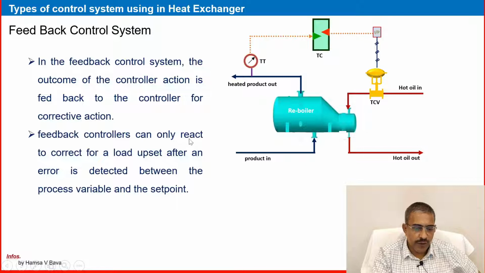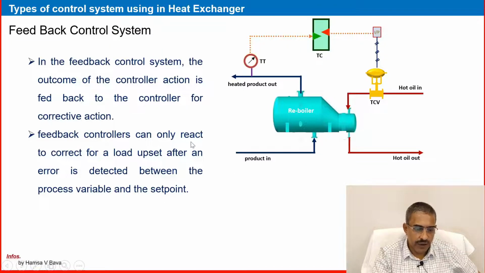Feedback controllers can only react to correct a load upset after an error is detected between the process variable and set point. So the process variable always comes from here, and it produces an error or output, and then the controller reacts. That is how feedback control works.